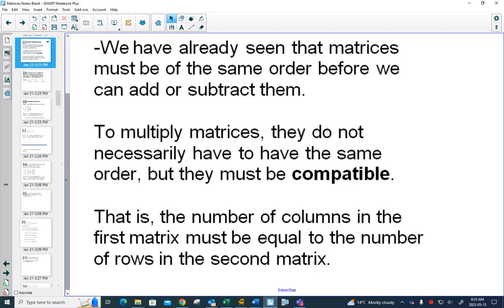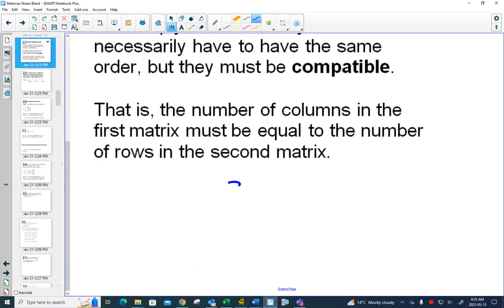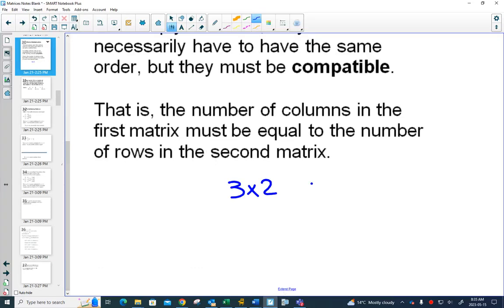For multiplication, they don't have to be the same size, but they have to be compatible. And to be compatible, when you put the dimensions side by side, the middle numbers have to match up. In other words, the columns of your first matrix have to match up with the rows of your second matrix.